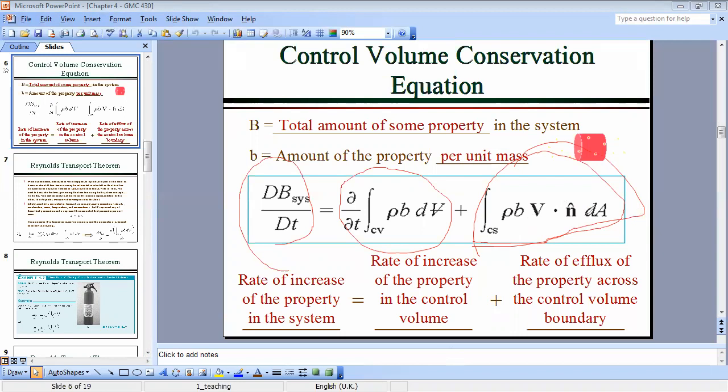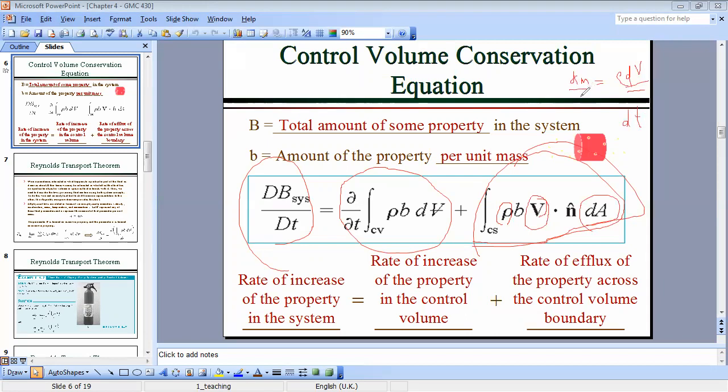Okay, let us do some analysis of this term. Rho is the density. We do it to transform from mass to volume, because dm will be replaced by rho dV. And in our case, when we have a rate in and out, when we divide by delta t, because here we have a velocity term, this velocity term times dA will replace dV by dt, because here we have a rate.